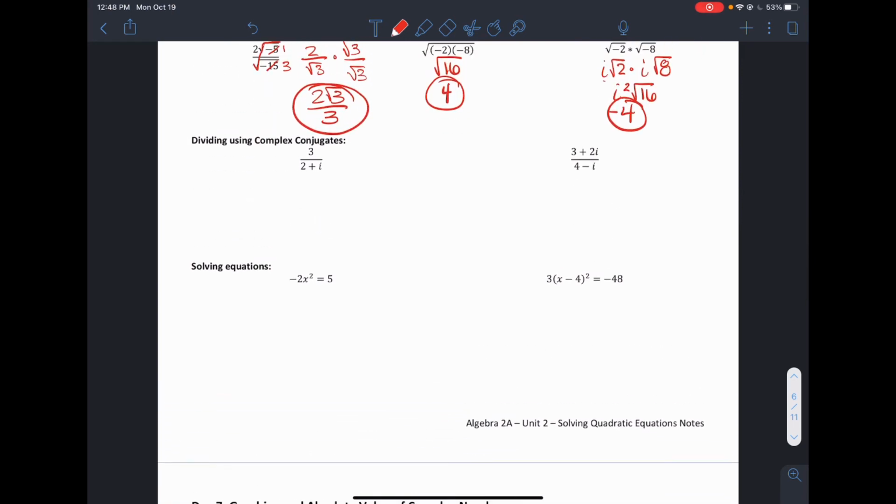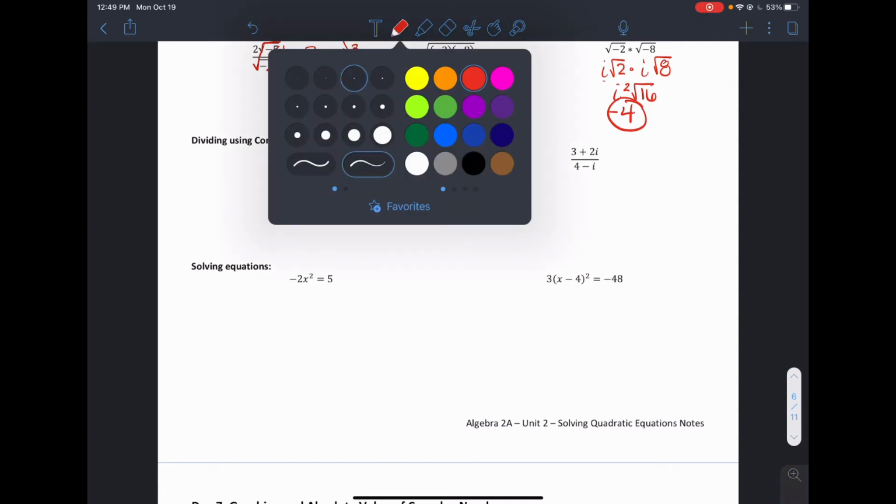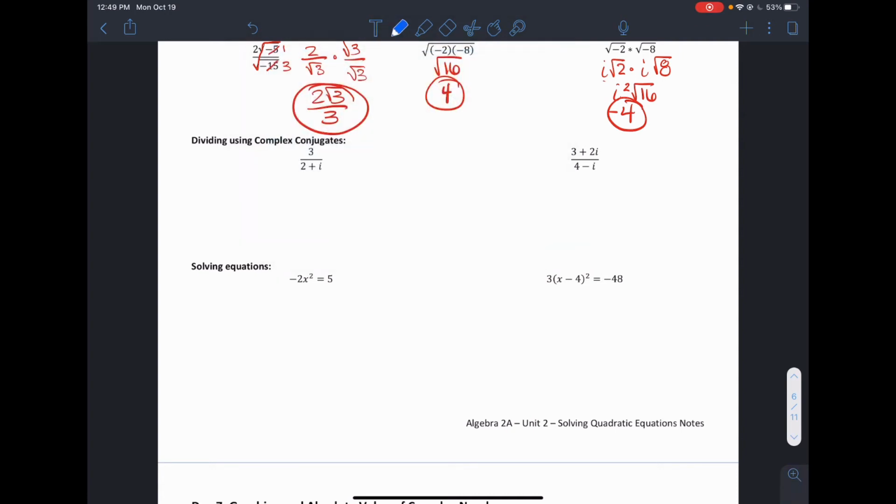If we're dividing and we have an expression in the bottom that is like a binomial expression, it is not just i or 3i, it's like 2 plus i or 4 minus i. This is when our complex conjugates come in. So a complex conjugate, remember, is just when we are keeping the a value the same, but flipping the sign of the b value.